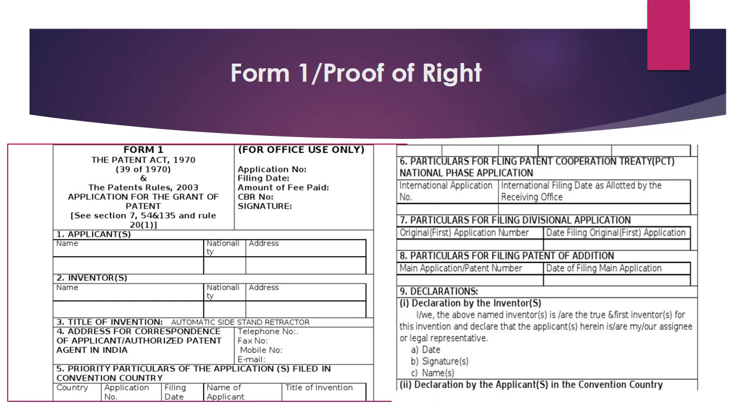Then the ninth point is very important. Proof of right is basically point number 9. You need to take the declaration from the inventors that they are the inventors and they are giving this right to the applicant. In most cases, basically in academics, professors and students are the inventors and the college is the applicant.